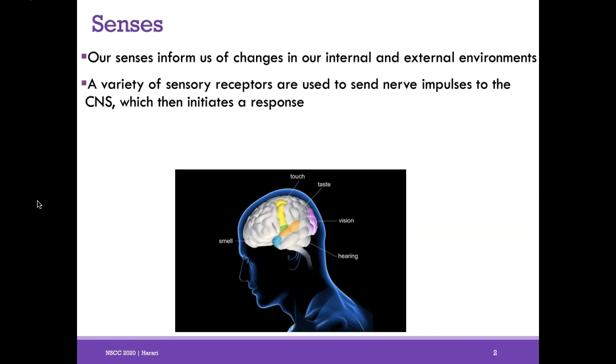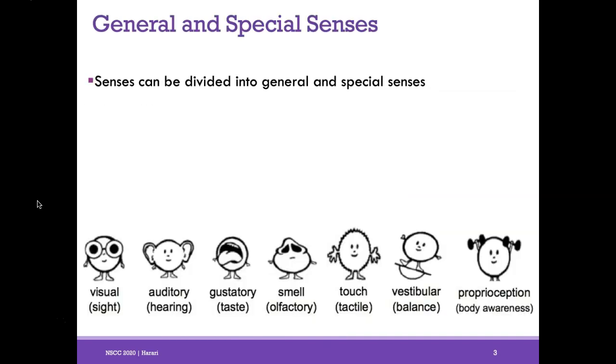So that's the idea of senses. They're going to inform us of any changes inside our body or outside of our body. So our senses are our way to know what's going on. And senses can be divided into general senses and special senses.